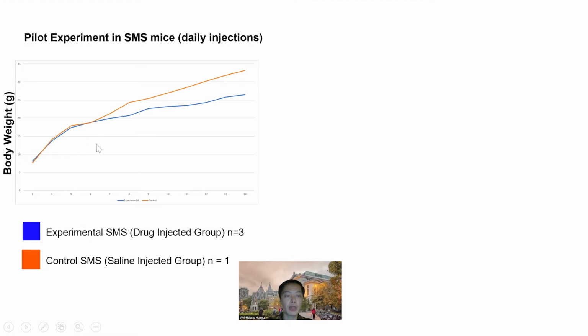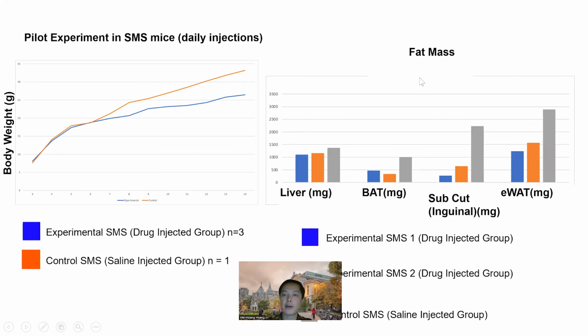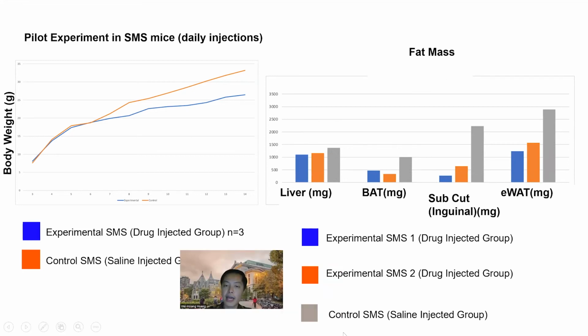Basically, we can see that the body weight of the mice treated with the drug decreased dramatically compared to control. And we isolated fat from the liver and other organs. We found that in the control SMS mice in gray, they have increased fat mass, but with the drug, we can sort of decrease this fat mass.